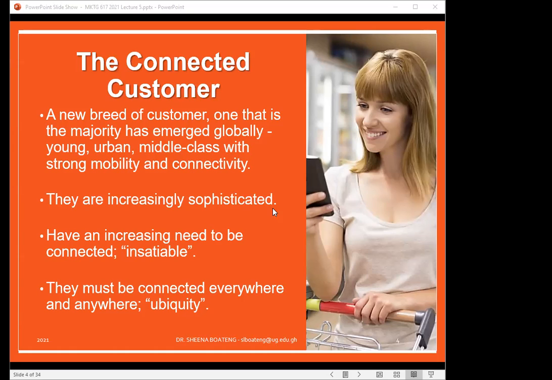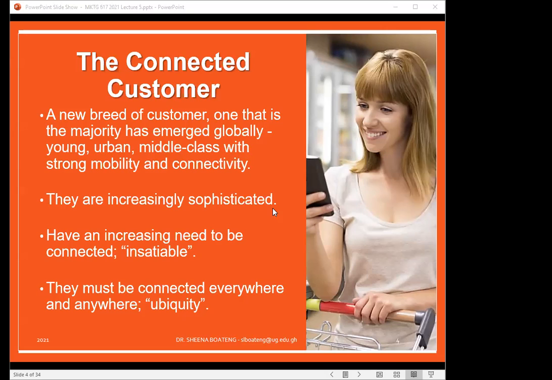So in addition to this, when we talk about this new breed of customer, who we are calling the connected customer, we can talk about the fact that they are also increasingly sophisticated. Sophisticated in the sense that they do not have the traditional tastes and consumption patterns that consumers previously had.